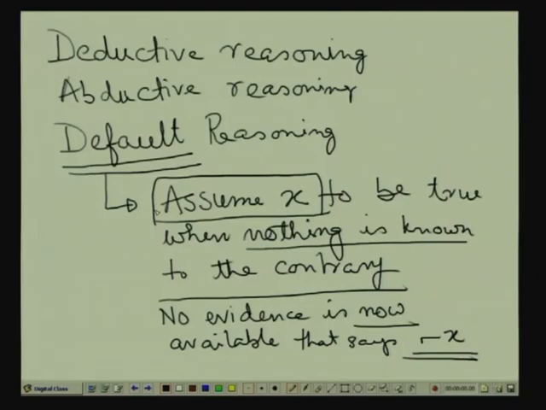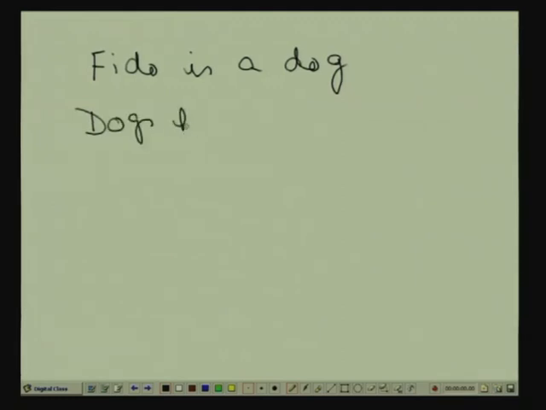Let me give an example. Say, Fido is a dog, and you know dogs have 4 legs.